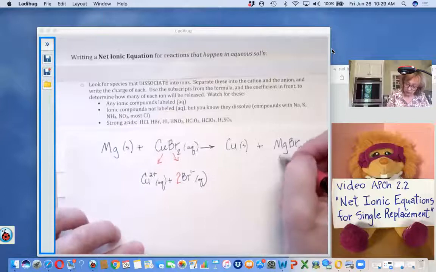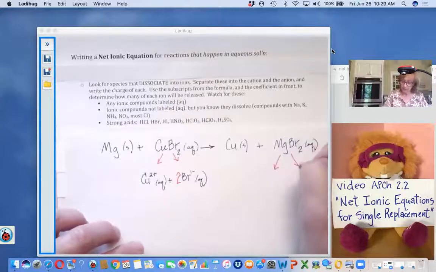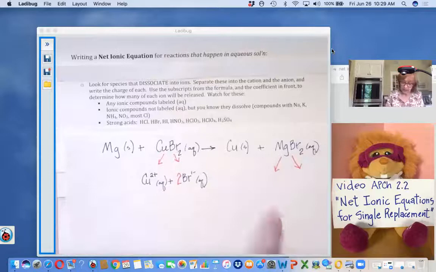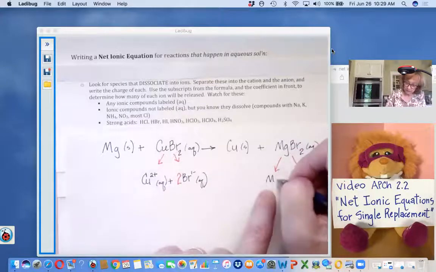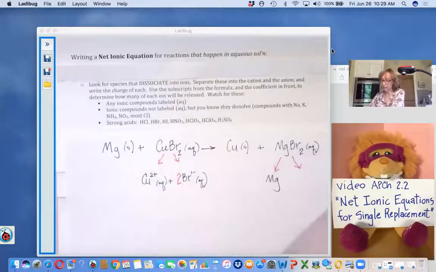So I am going to separate this one into cation, magnesium.